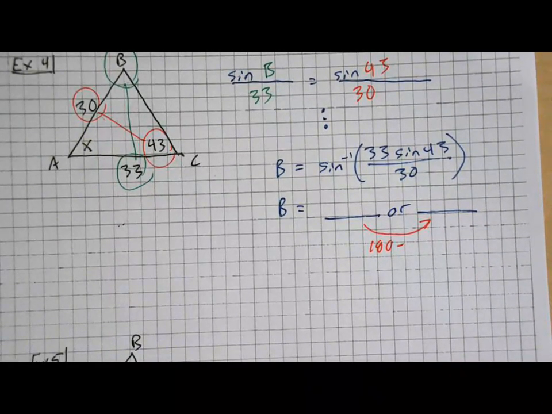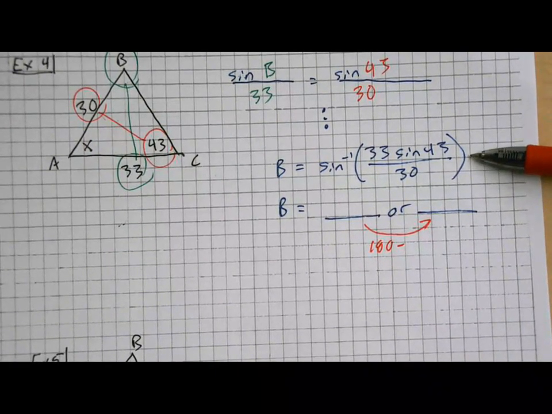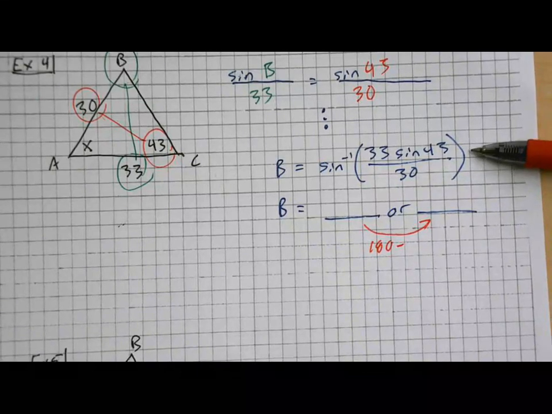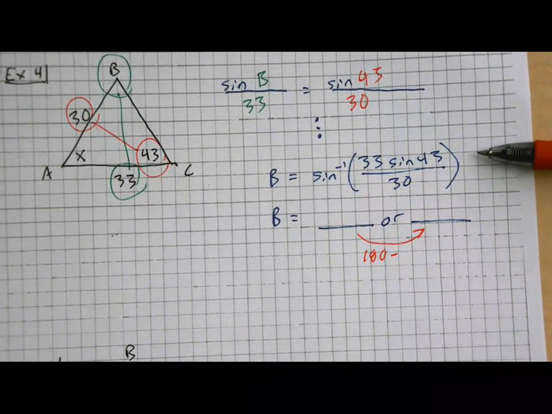So when you're about to punch your numbers into your calculator, check and see if you agree. This is what I'm going to stick into my calculator here in a moment. Is that where you guys ended up? If you didn't, let me know. I'd be happy to look over your steps, see if I can spot a mistake.